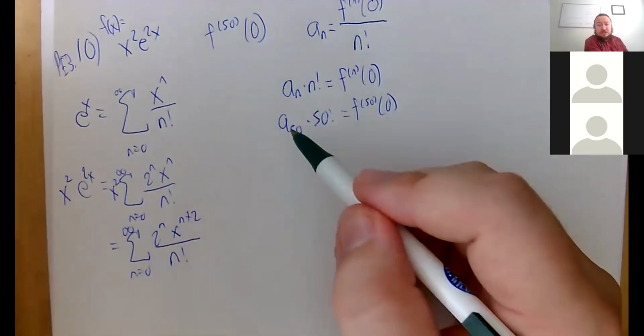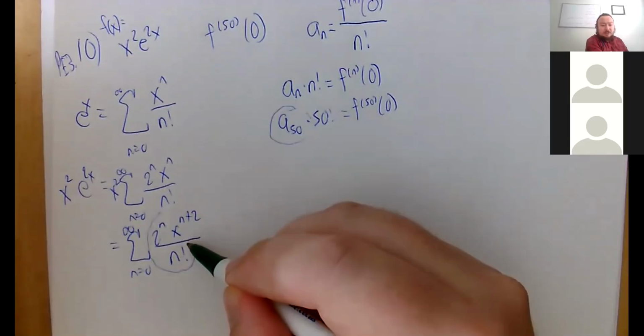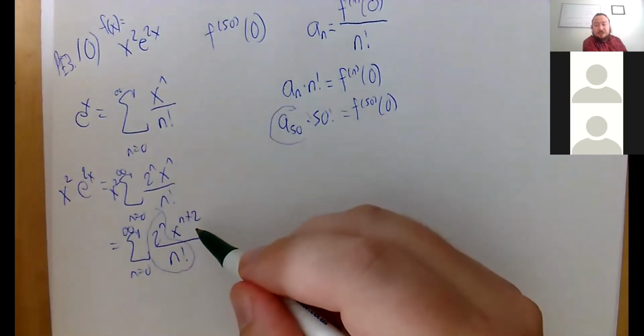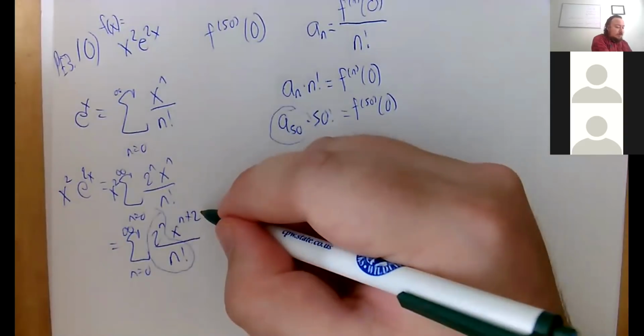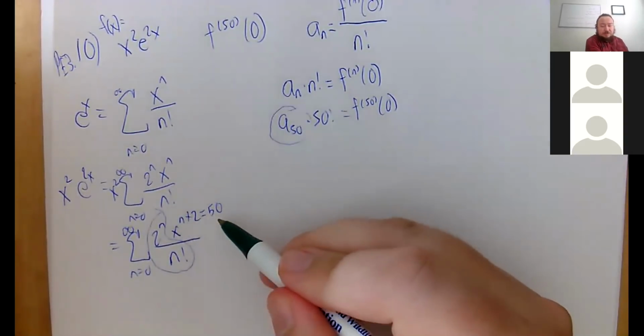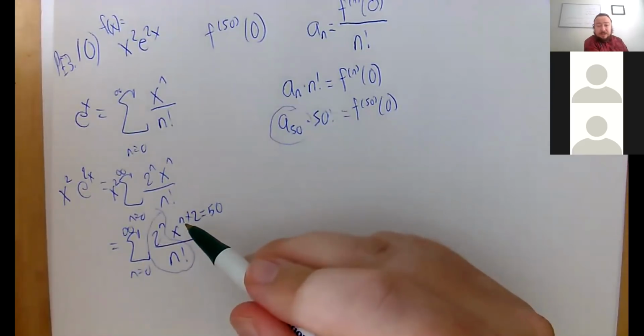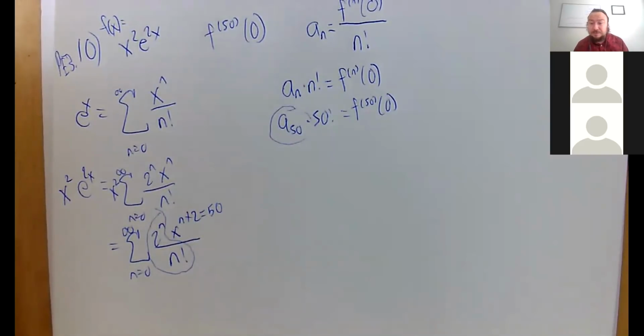Now remember, our goal is to find a50, which is the coefficient, so the stuff not including x, that's next to x to the 50th. So that means that we need to see which n value will make this formula give us 50. And I think this one's pretty clear to see which n value we would plug in there to get x to the 50th.